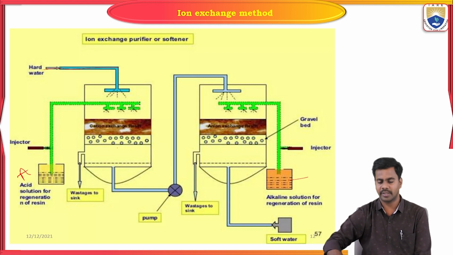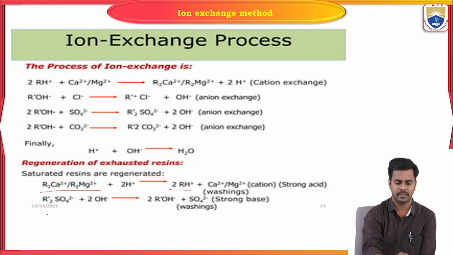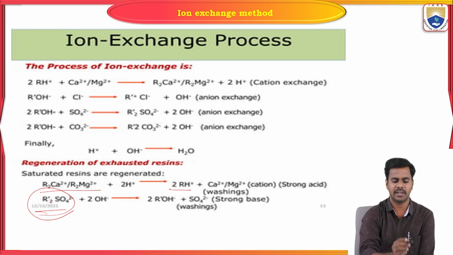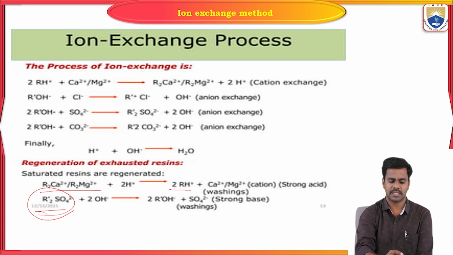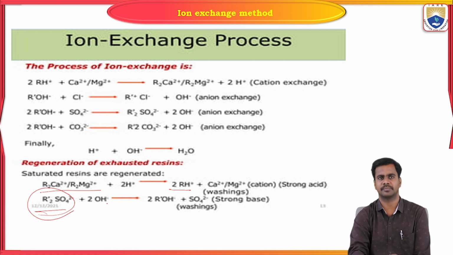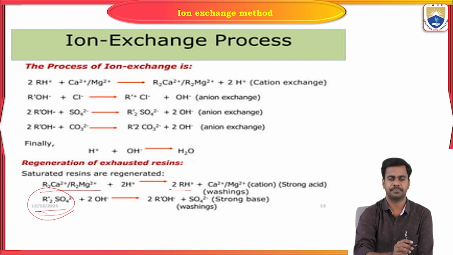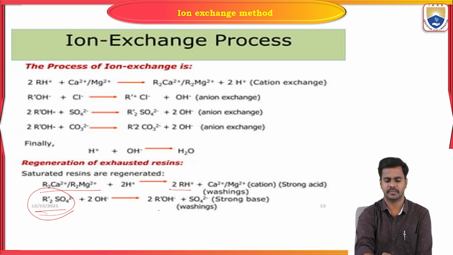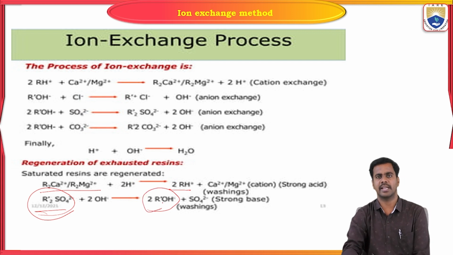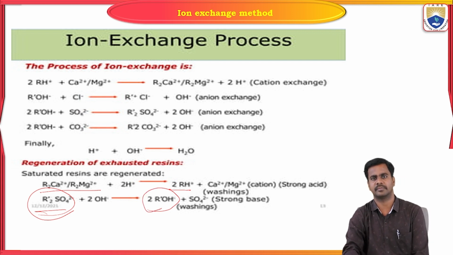So let us see what will happen. Now the anionic resin contains only anions of hot water. When you pass alkali or NaOH into the anionic resin, the basic resin will be regenerated. That is ROH, basic resin.